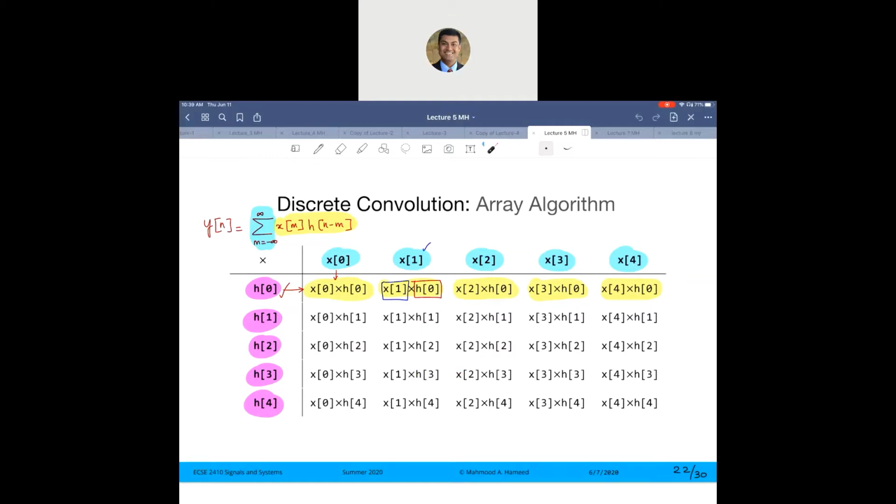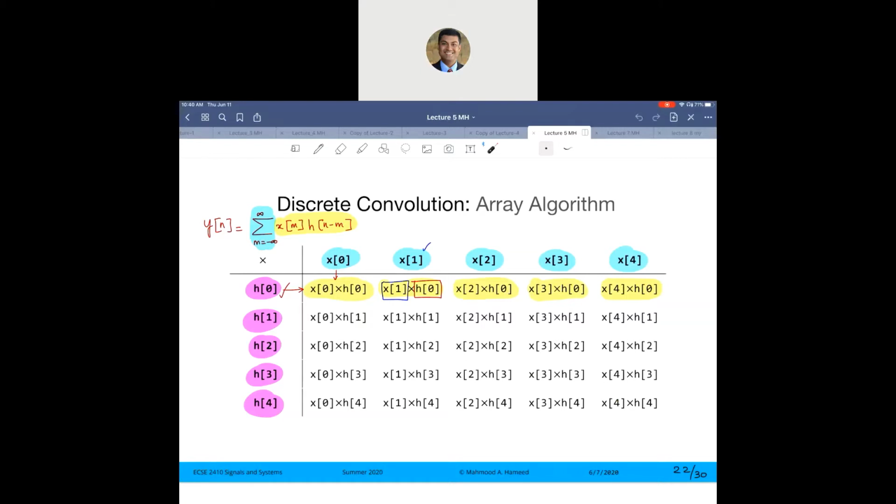And similarly, we have 5 elements in X, X of 0, X of 1, and so on. Those are laid out for each of the 5 columns here. And to compute the cell, all you have to do is perform that multiplication operation. So for example, the first row, first column is X of 0 multiplied by H of 0. Similarly, you would multiply each corresponding row and column and you would fill out this entire array.